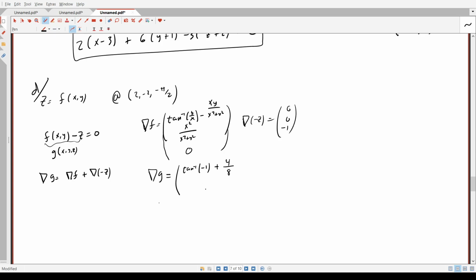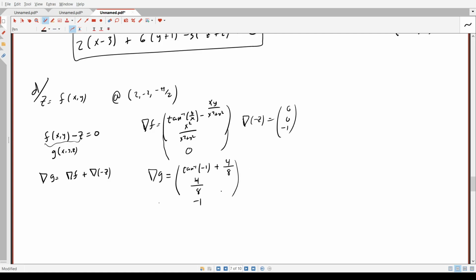And then I have x squared, it's going to be 4 over 8, and then minus 1.